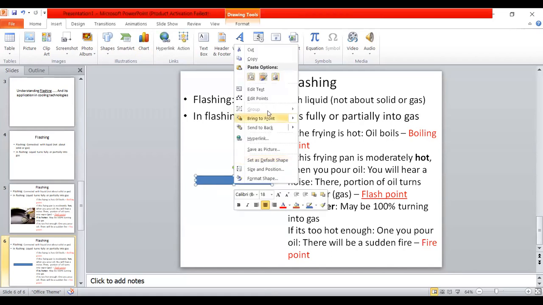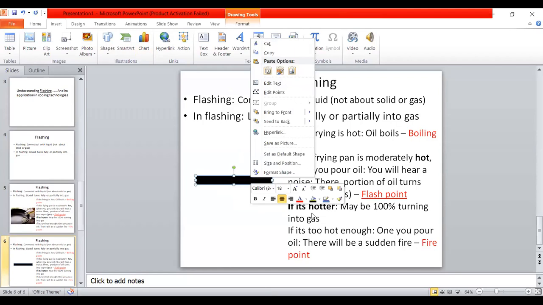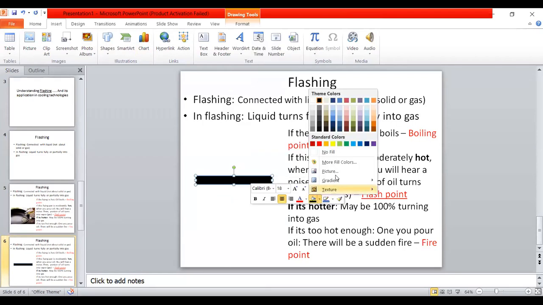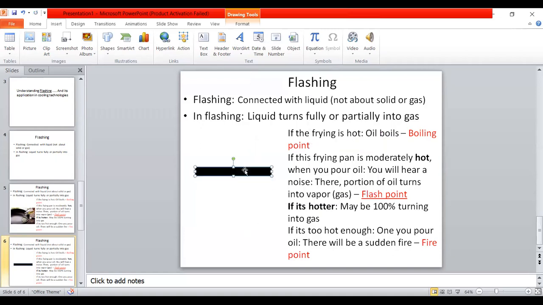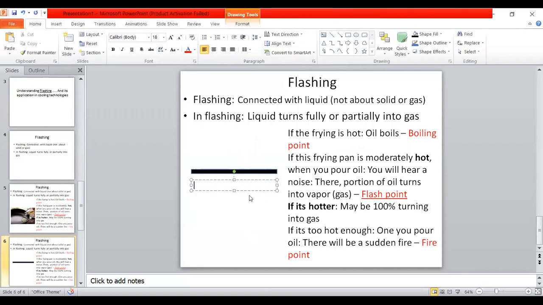So let's say this is a hot plate. Very interesting phenomena.